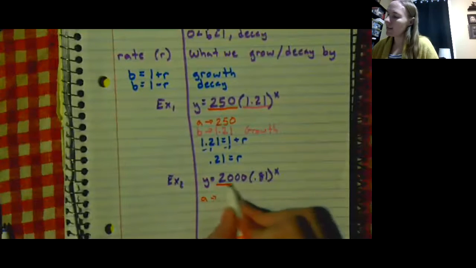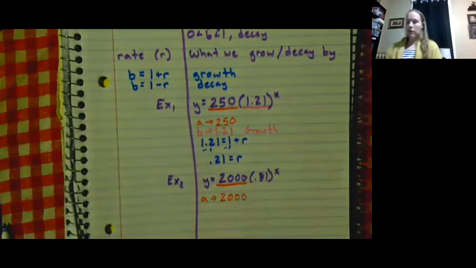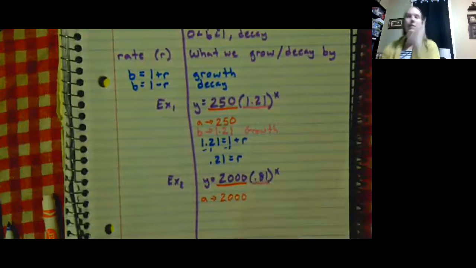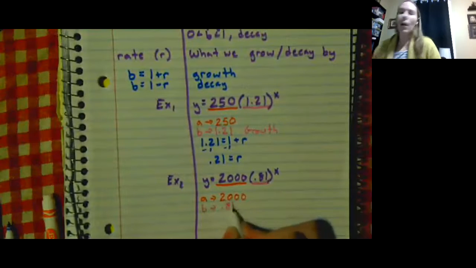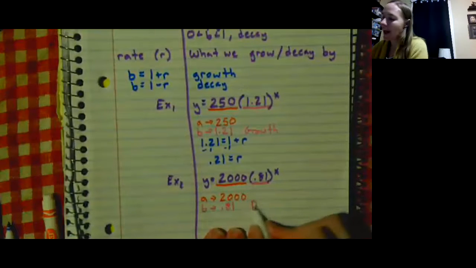I look at what's in front, what is not connected to my exponent, and that's 2,000. So that means I started by spending $2,000 on my car. Then my b value is my multiplier, what the exponent is being taken to. So it's 0.81, and because it's less than 1, it's decay.